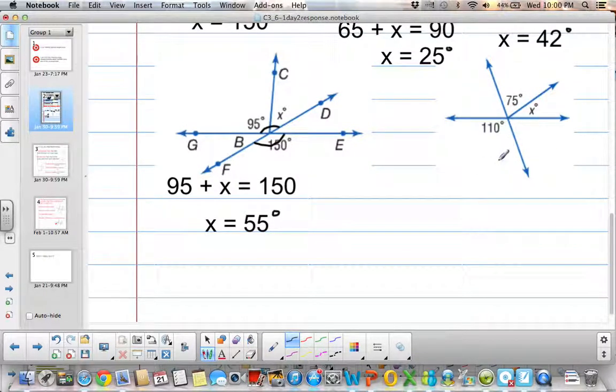Okay, so now here we can see that we have 110, and we have a vertical angle again.